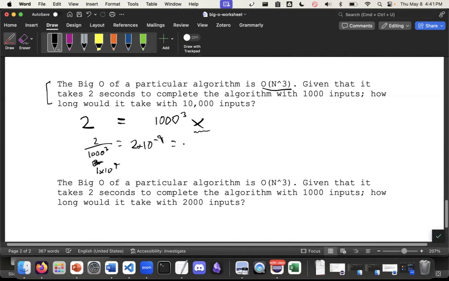And this is the number of seconds of overhead per input. So for each one of n, there's some amount of time that it takes to process that on this particular machine.